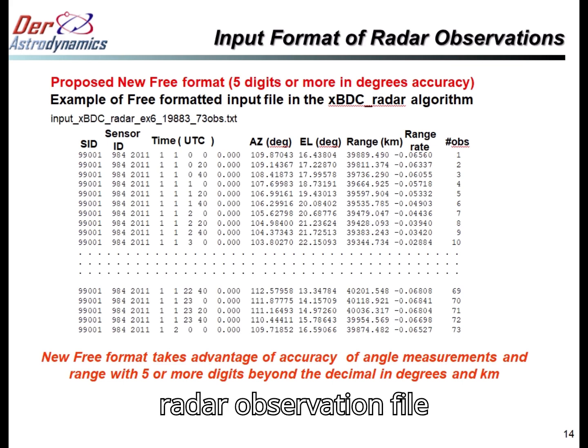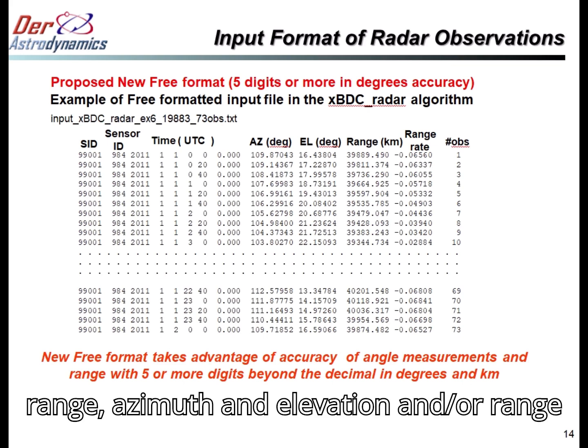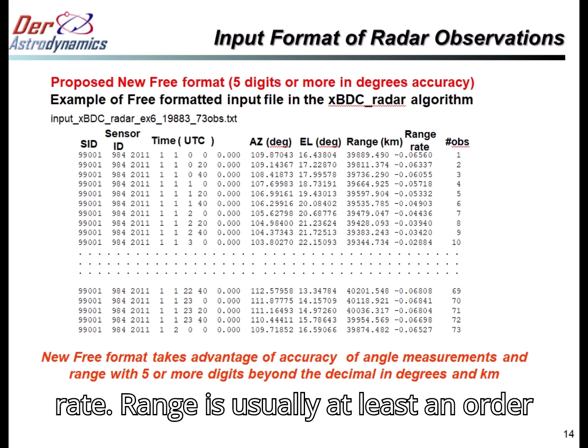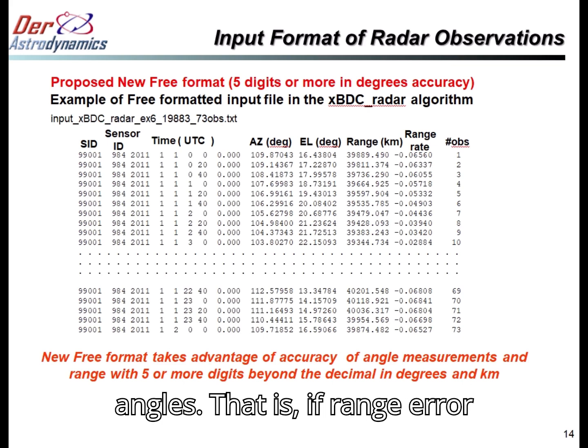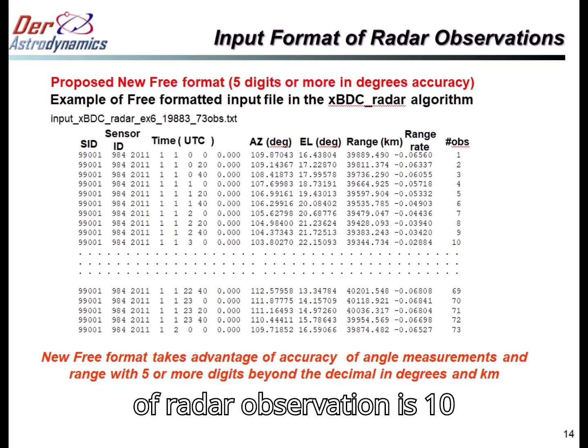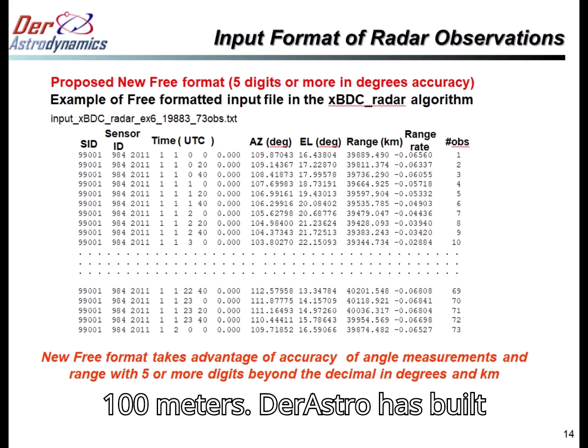A typical radar observation file contains satellite ID, sensor ID, time, range, azimuth, elevation, and range rate. Range is usually at least an order of magnitude more accurate than the angles. That is, if range error of radar observation is 10 meters, then azimuth and elevation errors are about 100 meters.